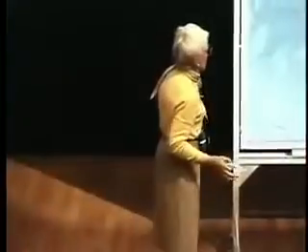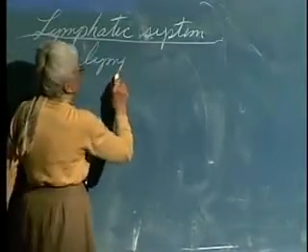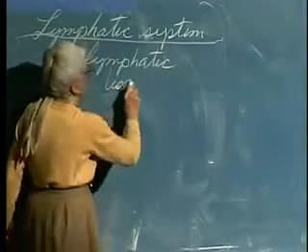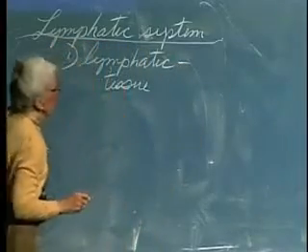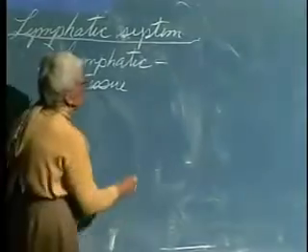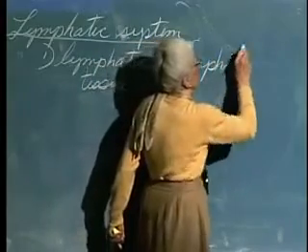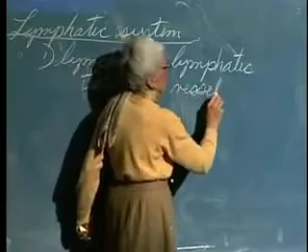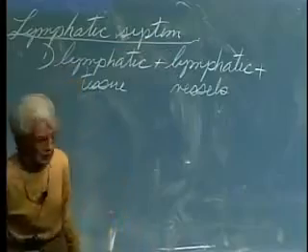So what does it consist of? Lymphatic tissue, and lymphatic vessels, and what? Lymph.